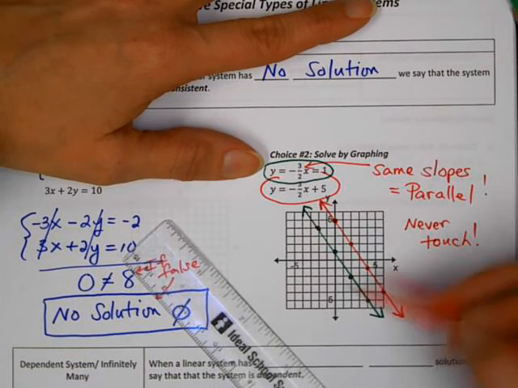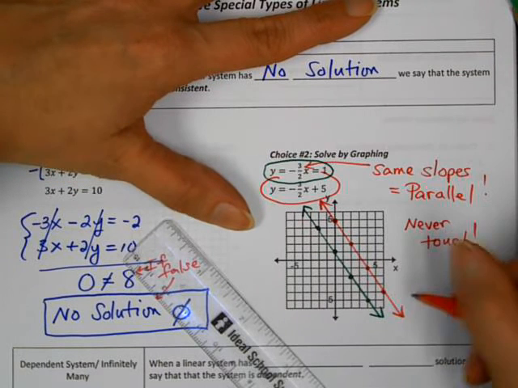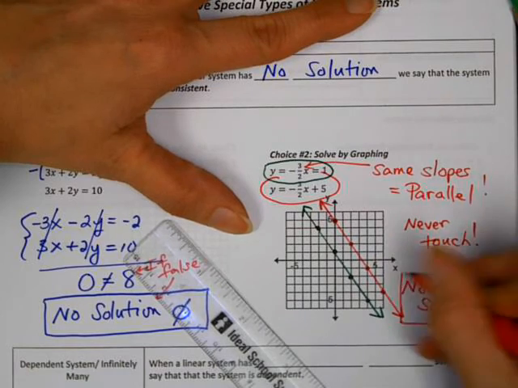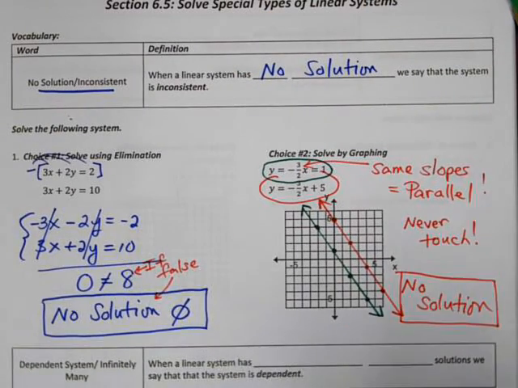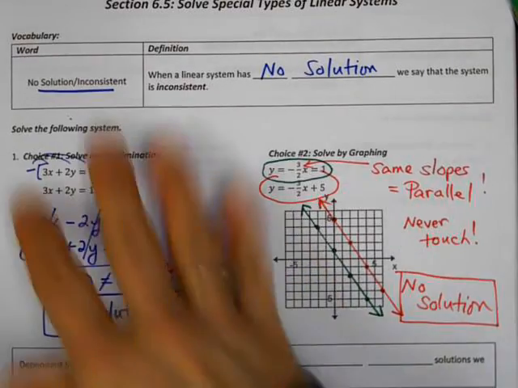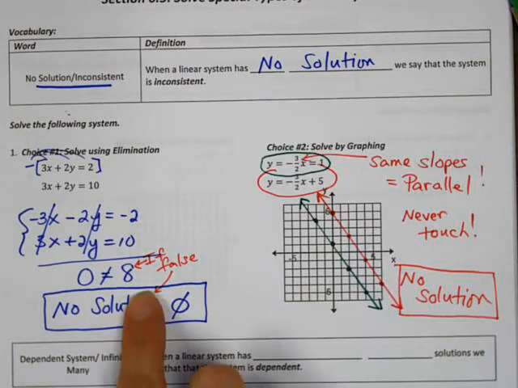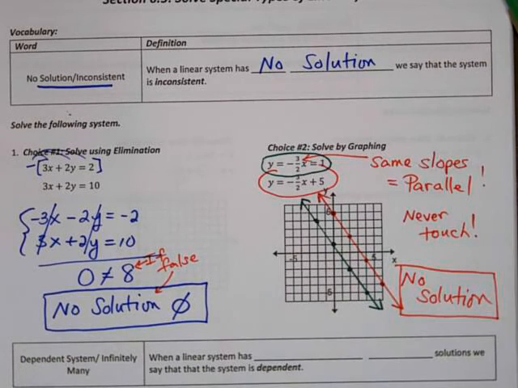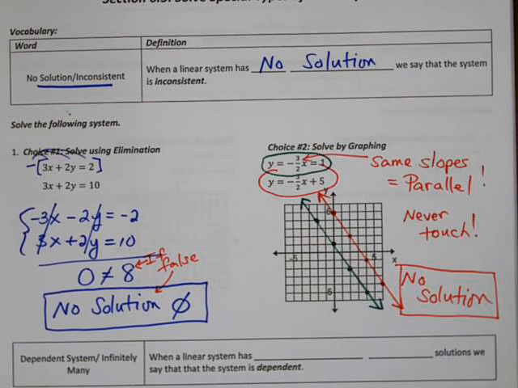If I look at a graph like this, I would say no solution. I cannot find the point where they touch because they don't touch. So algebraically, if you get numbers that are false, you say no solution. If you do it graphically and they don't touch, you say no solution. That's the first special type of system.